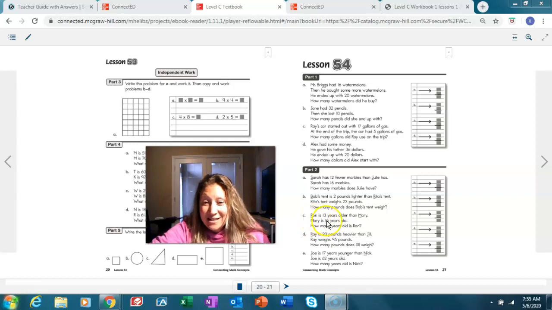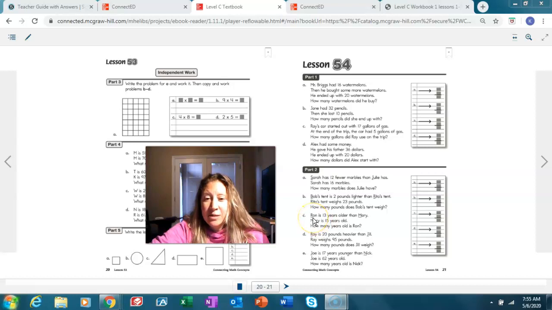Ron is 13 years older than Mary. Mary is 15 years old. How many years old is Ron? First, find the sentence that tells how many more or less. Top sentence. Write down the number that tells how many more or less. 13.